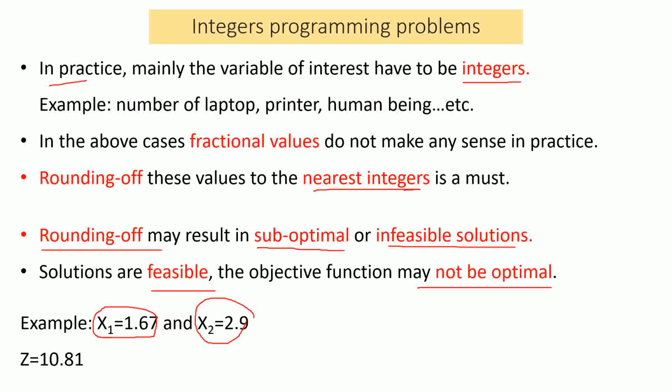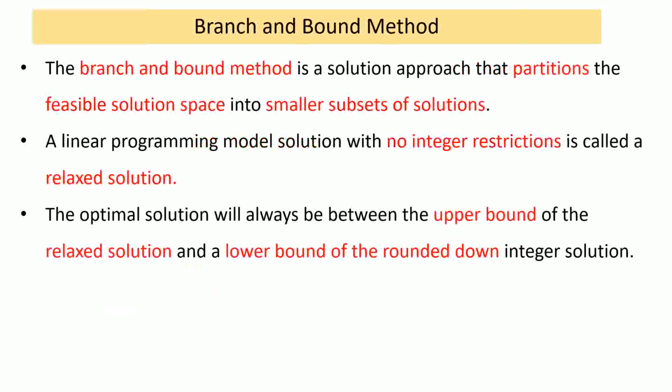So to mitigate such problem while we are solving the integer programming problem, we can use branch and bound method. It is a technique used to solve the integer programming problem. Actually, the branch and bound method is a solution approach that partitions the feasible solution space into smaller subsets of the solution.